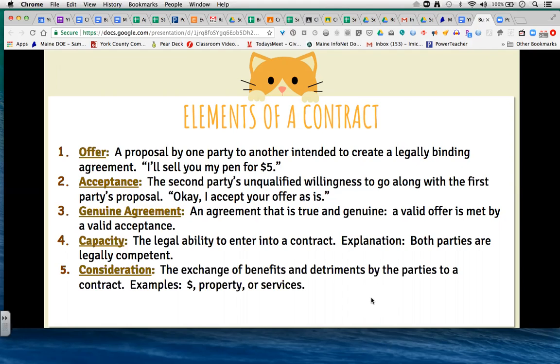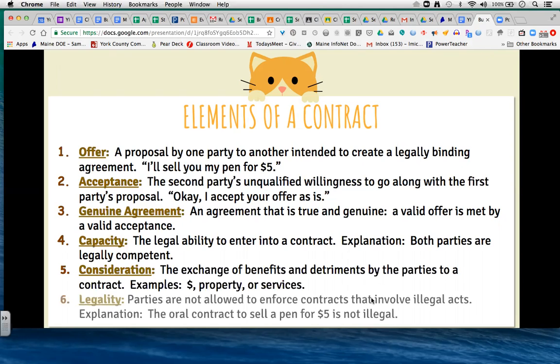So in the first example, I'll sell you a pen for $5. The pen and the $5 are the consideration. And 6, legality. Parties are not allowed to enforce contracts that involve illegal acts.